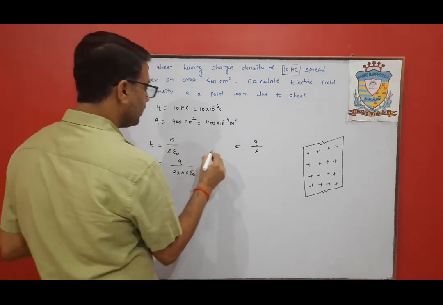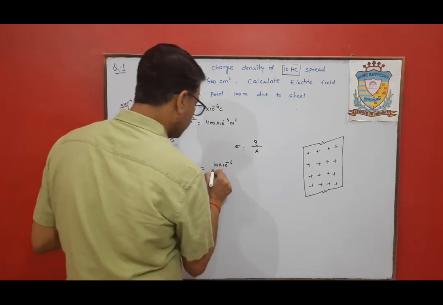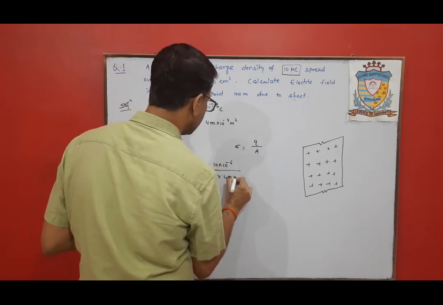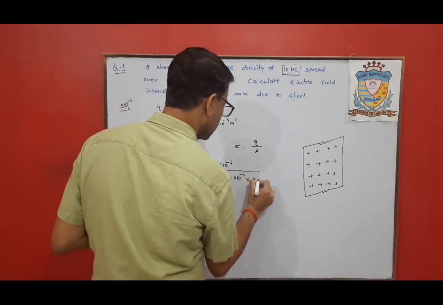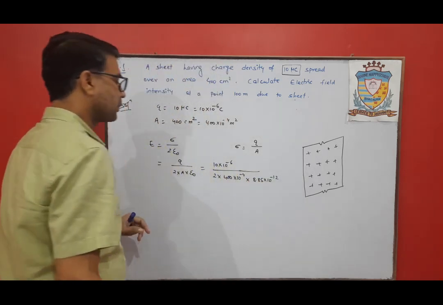The value of Q is 10 into 10 to the power minus 6, upon 2 into area, that is 400 into 10 to the power minus 4, into epsilon naught, 8.85 into 10 to the power minus 12.